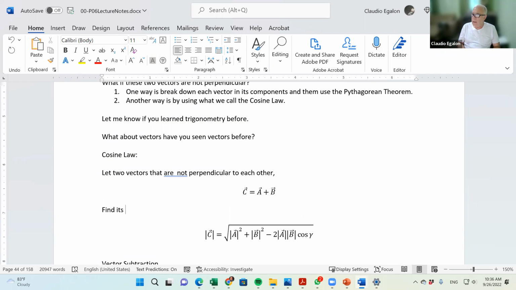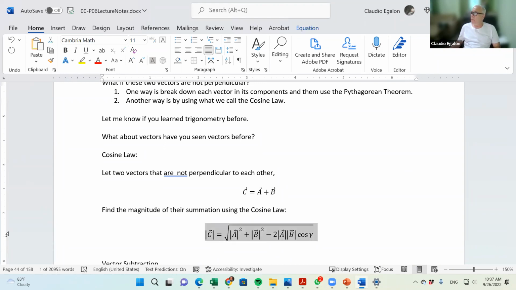Find the magnitude of their summation using the cosine law. It's very easy to memorize that. Let me show you a quick way of memorizing it.